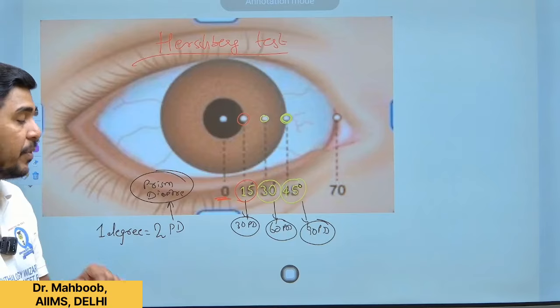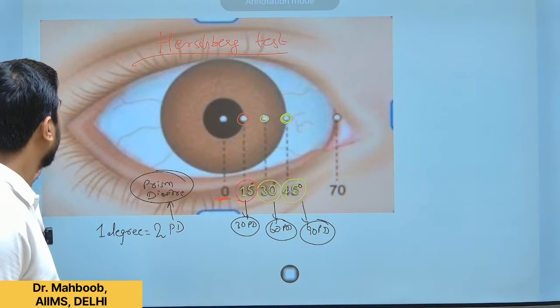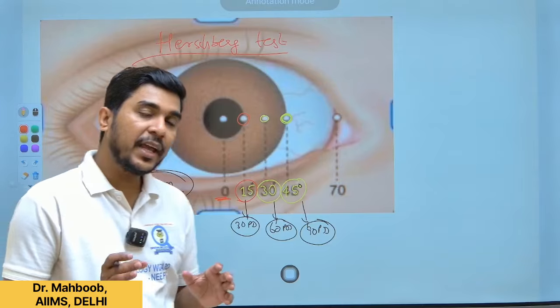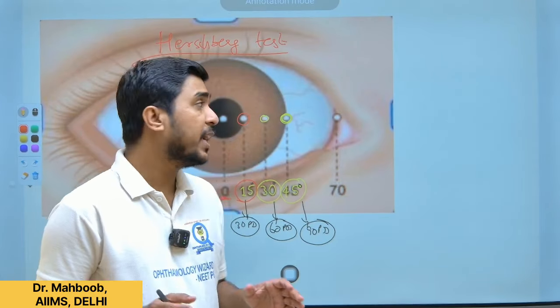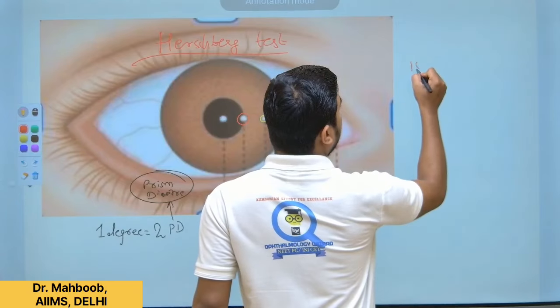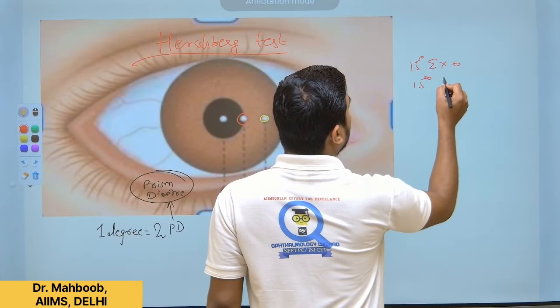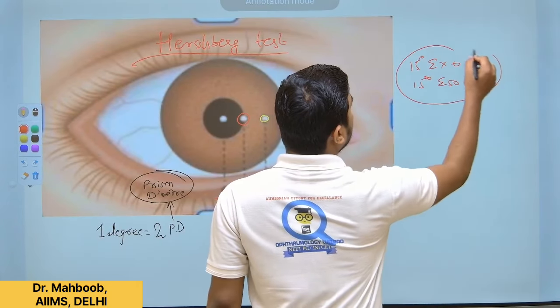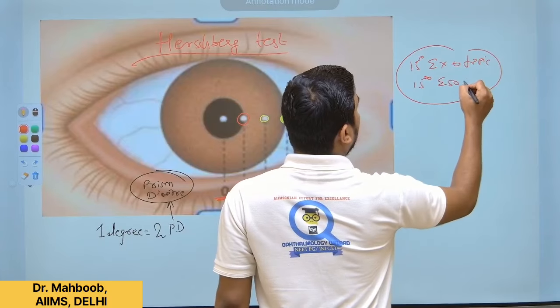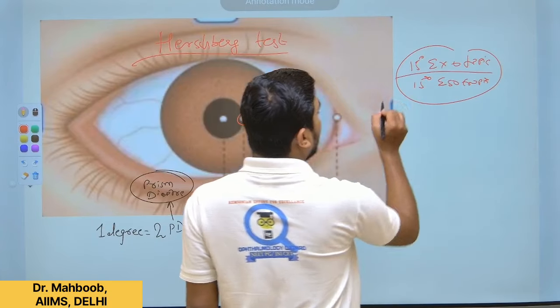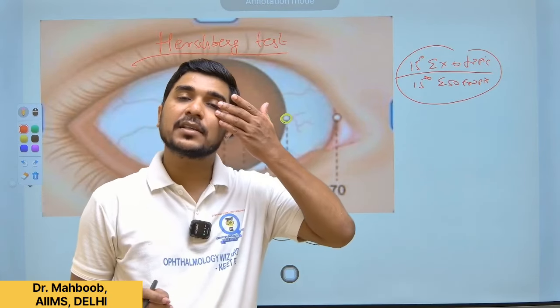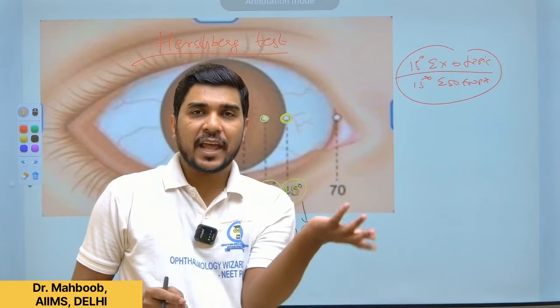All understand? A second important confusion can come. They can write 15 degree exo or 15 degree eso, exotropia or esotropia. Basically, if the eye is outward, you write exo.